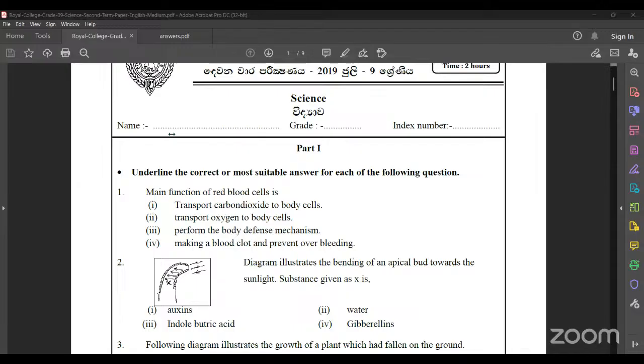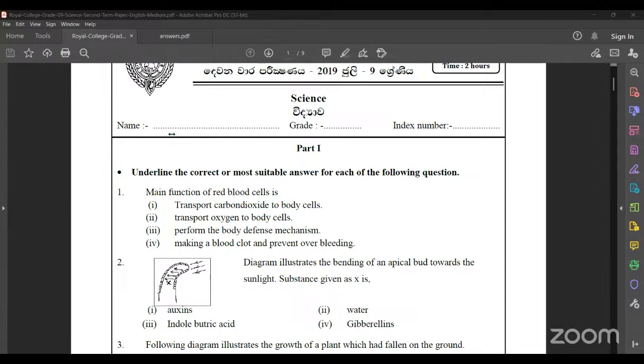When we consider red blood cells, there's a very special pigment in red blood cells. Do you know what it is? Yes, very good. In red blood cells, there is a special pigment called hemoglobin. This hemoglobin has a strong affinity for oxygen.